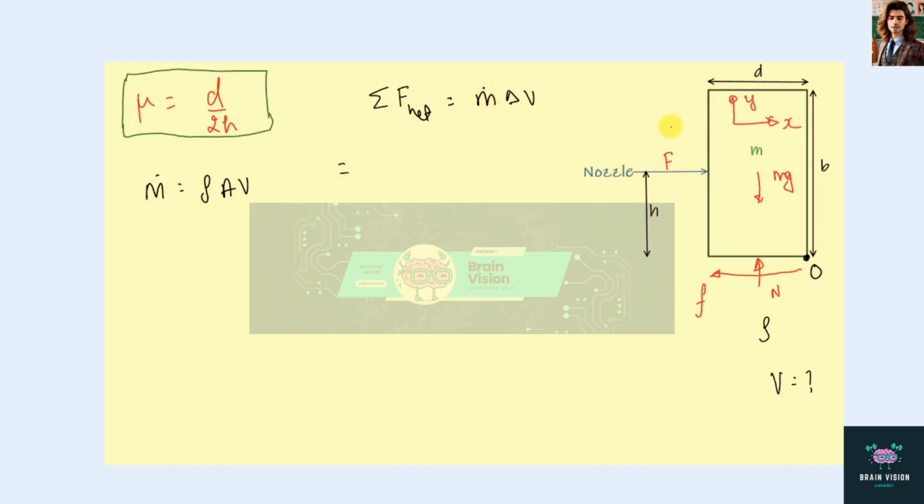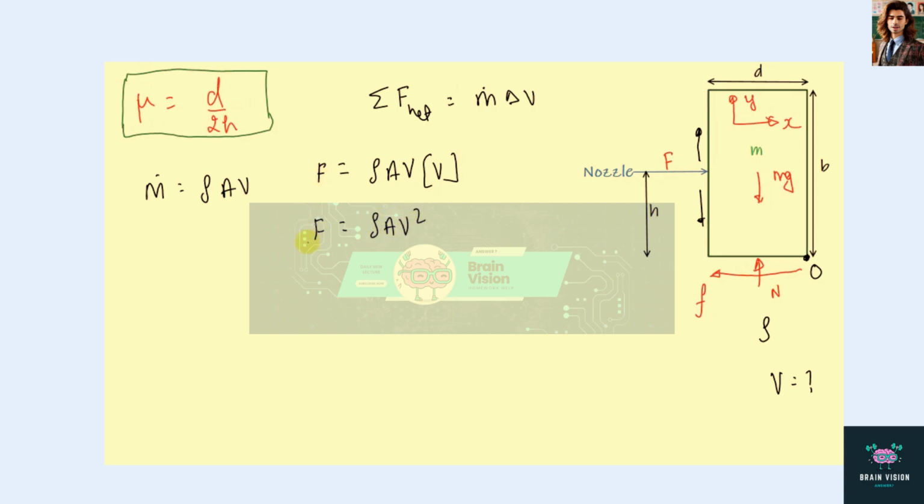So for F net we have the force F, and for m dot we have rho times a times v, times delta v. So delta v means final velocity minus the initial velocity. Since the final velocity is like this, there is no component of the velocity in the perpendicular direction, so the change in velocity would be v only, so that would be rho a v square.